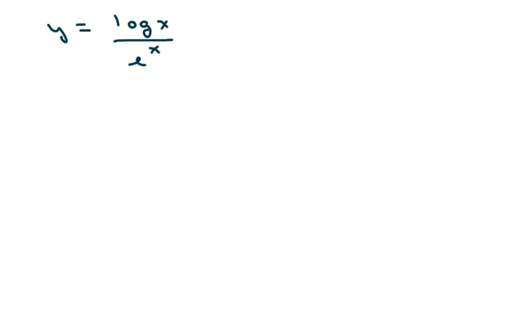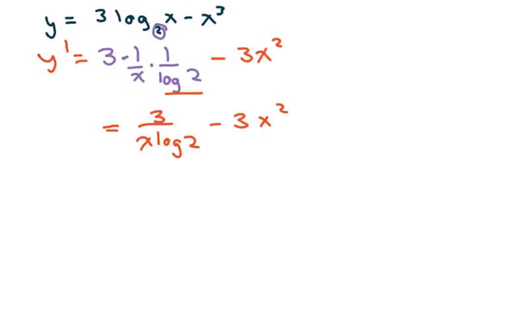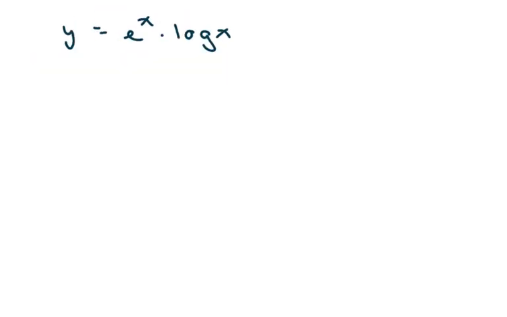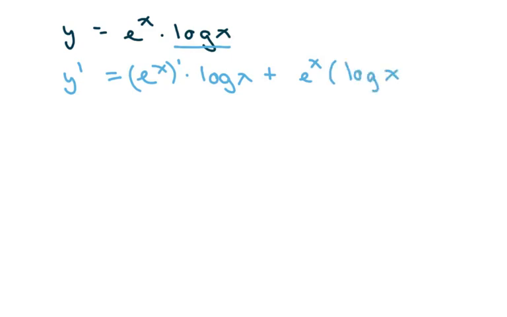Now we have, oops, I really skipped through. So now we have this one here, and we're going to also use the product rule for our derivatives. So we write down the derivative of our first function times log of x, which, well, I'll just write this, just log of x, plus e to the x times the derivative of log of x.